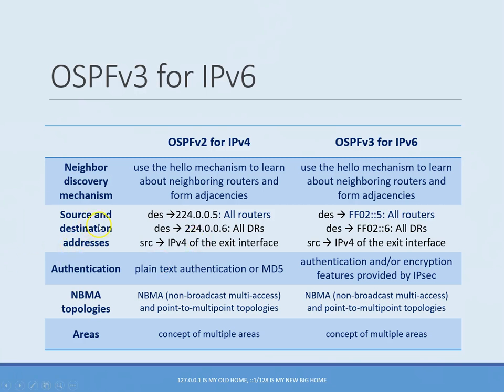In terms of source and destination addresses, of course the destinations and sources are different. Here we have this destination for all routers, and here we have this destination for the designated routers, and the source is the IPv4 address of the exit interface.